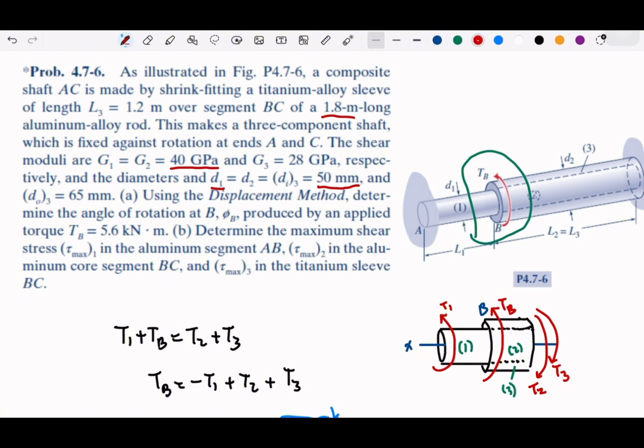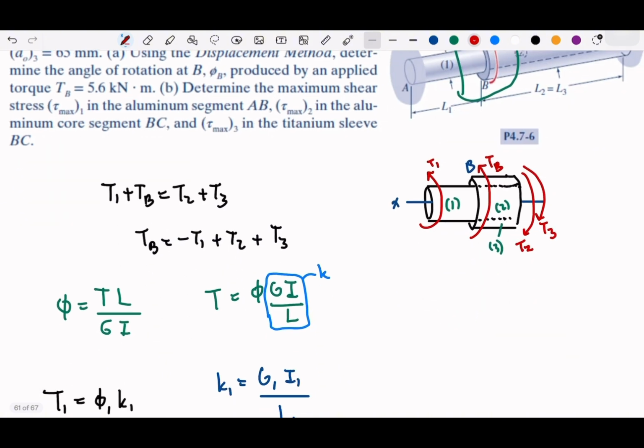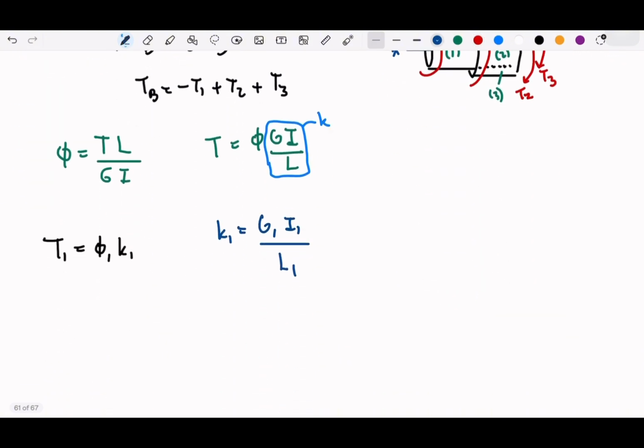So this is titanium. So 1.8. Okay, 1.2. Okay, we have everything. So we can compute. Inertia is, I will go directly for the result. This is 40.9.